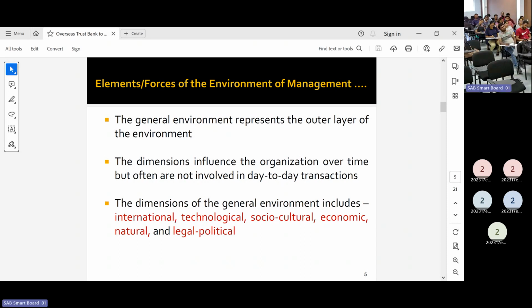But they can come up with particular alternatives, strategies. Managers cannot control these, but they have to identify different solutions for them: green management solutions, CSR activities, sustainable business movements to deal with these influences.